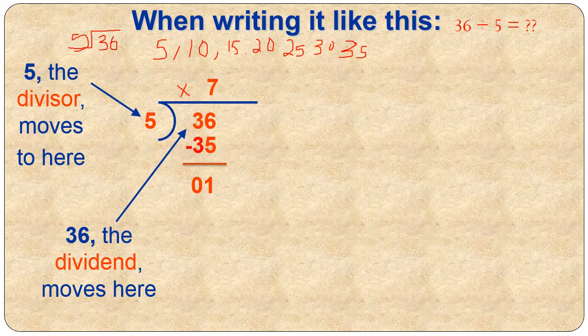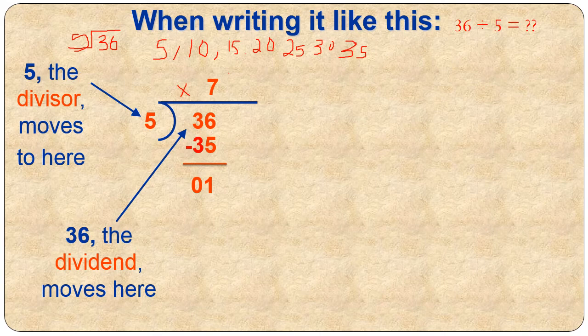You start with 5 times 1, you write 5. Then 5 times 2, you put 10. Then 5 times 3, you put what? 15. Then 5 times 4 equals 20. After 20, 5 times 5, 25. 5 times 6, 30. 5 times 7, 35.